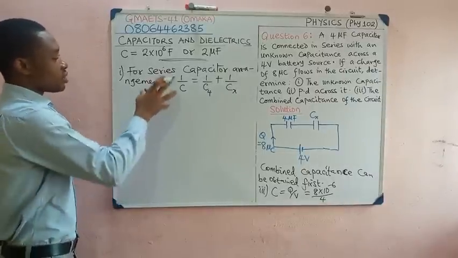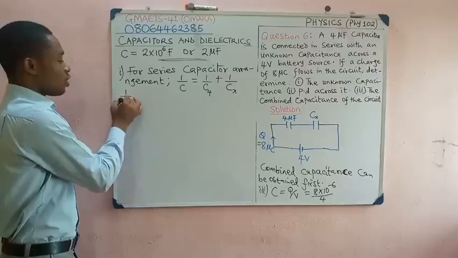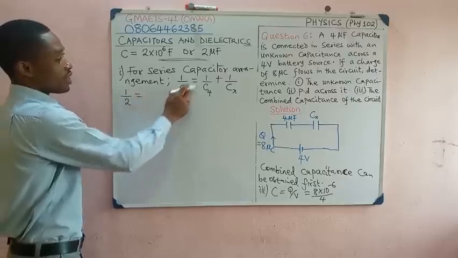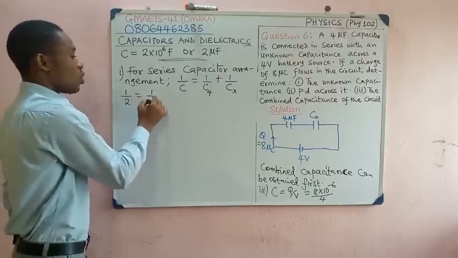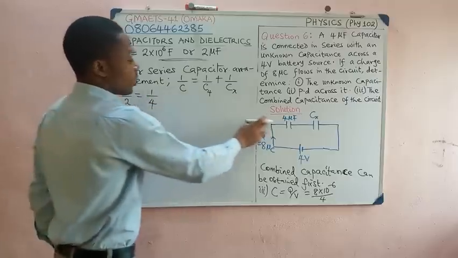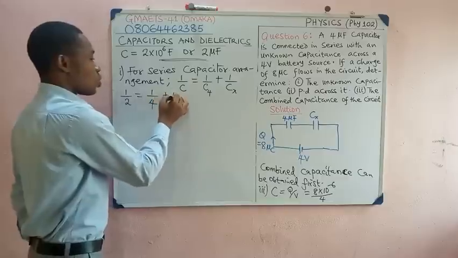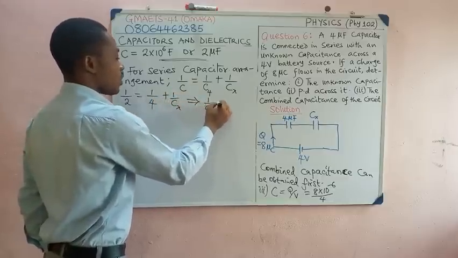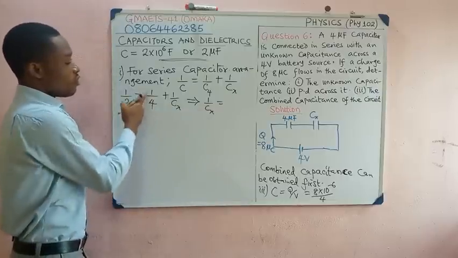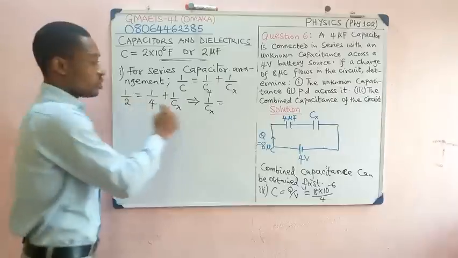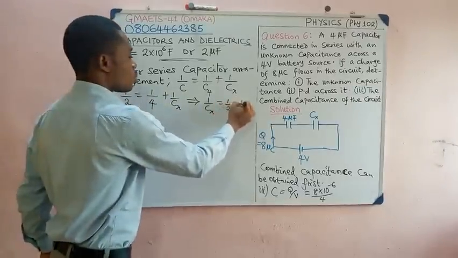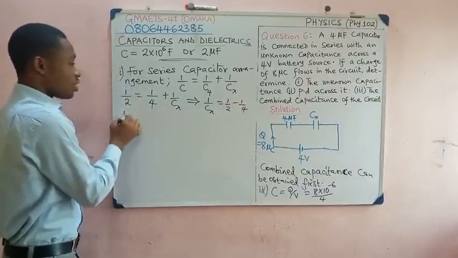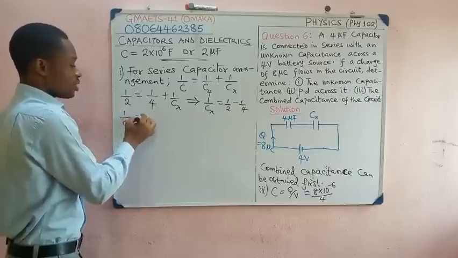Now, if we substitute the values we have here, 1 over 2, 1 over the combined capacitance which we calculated already, equals 1 over 4, the capacitance of the 4 microfarad, plus 1 over Cx. This implies that 1 over the unknown capacitance will be equal to 1 over 2 minus 1 over 4.